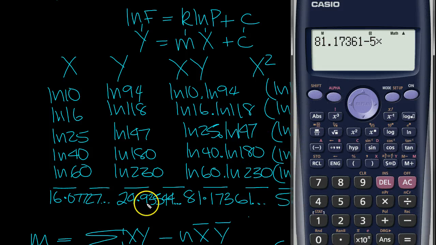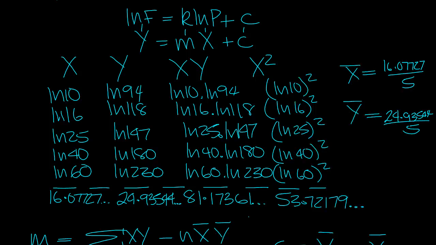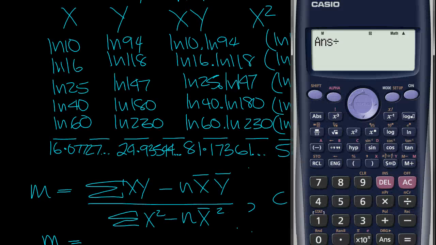So minus 5 times x bar, 16.07727 divided by 5, times 24.93544 divided by 5. That's the top number, which we've worked out, divided by the bottom number, which is going to be, I'm going to put a bracket around it now.